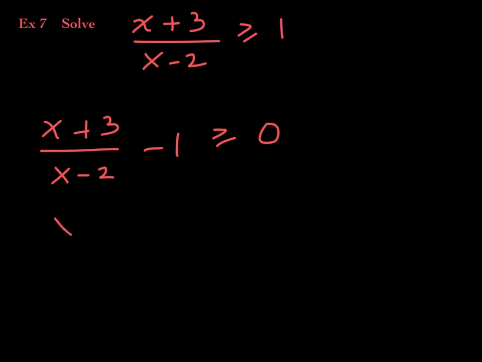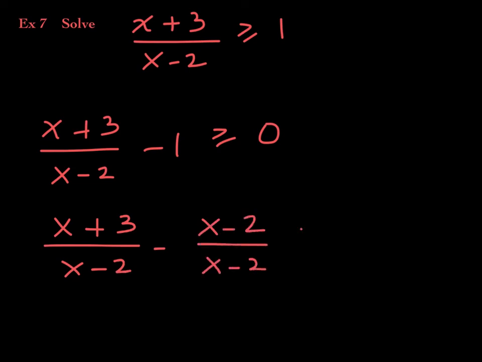I'm going to rewrite the number 1 as (x - 2)/(x - 2). After all, whenever you divide an expression by itself, that's 1. So all of this is 1. Okay? And now the denominators match.